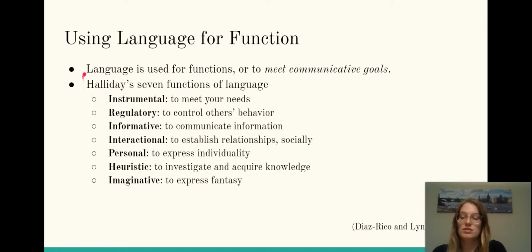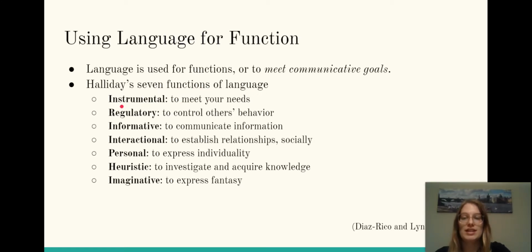So the first communication skill is using language for function. Language is used for functions or to meet communicative goals. So what are you trying to do when you're speaking? What is the message goal when you're speaking with someone? Halliday came up with seven functions of language.